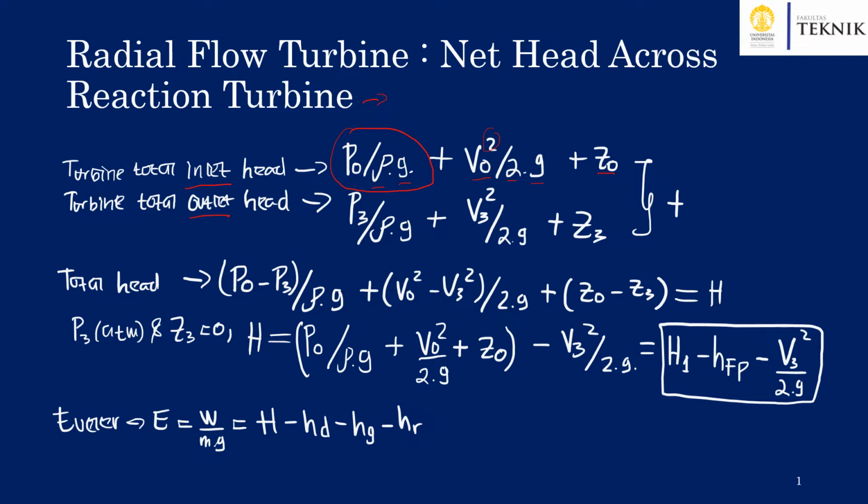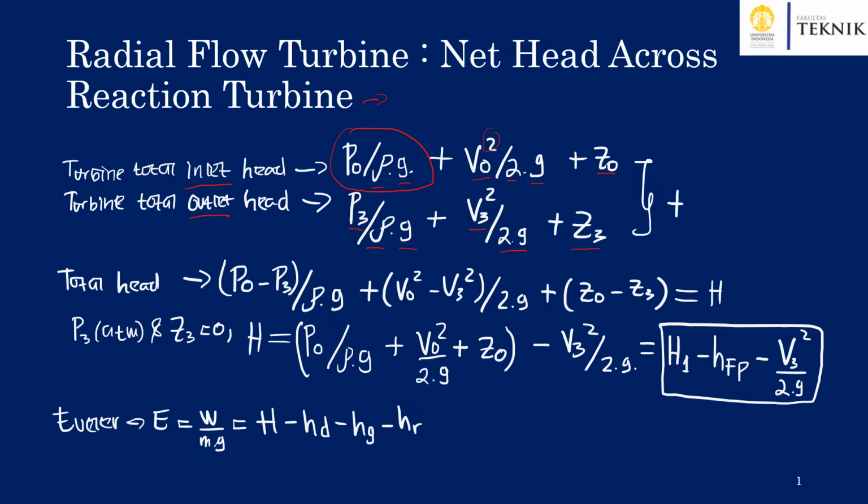And then we look at the outlet conditions, or if we go back to the schematic of a reaction turbine, where is the 0 point, the flange, and then the third point below the turbine. And then we get the pressure at that point, again divided by the density and gravity, plus the velocity at that point divided by 2 times gravity, plus the elevation at that point.